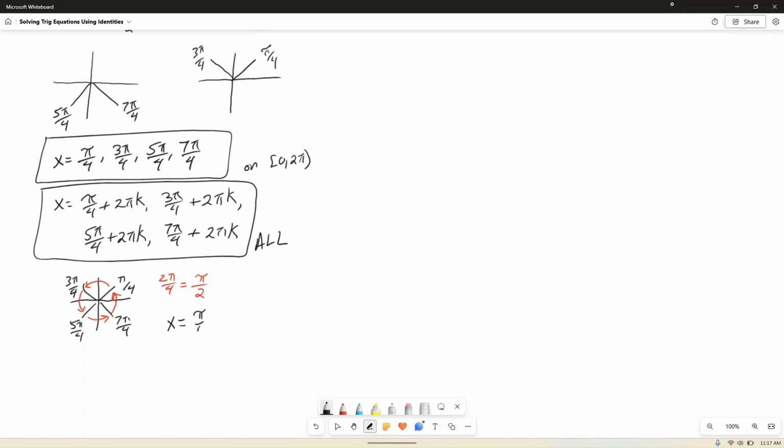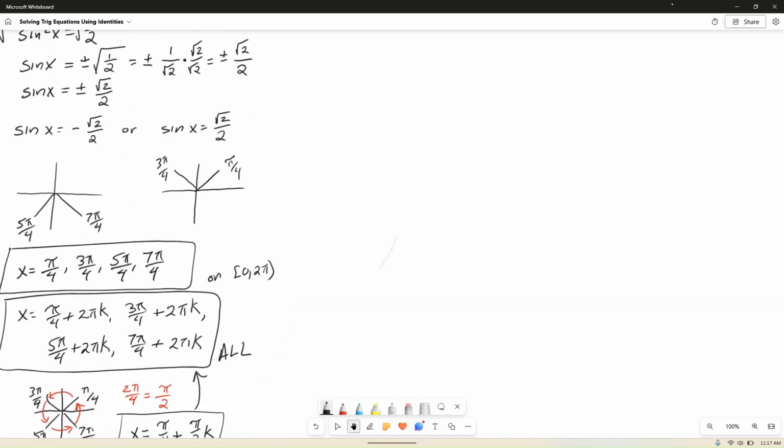We'll just start with the first one, the smallest one. And how far do I have to go from that one to the next? 2 pi over 4, which is pi over 2. So I can say x equals pi over 4 plus pi over 2 k. So that one expression gives me the same set of solutions as doing all four of them with the plus 2 pi k.